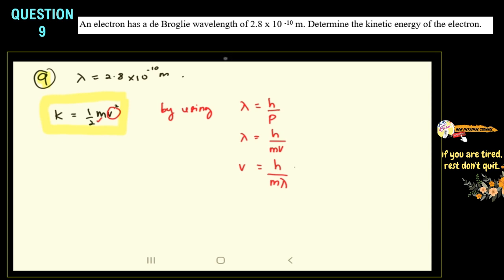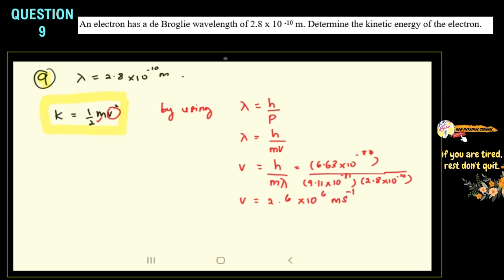So we substitute all the values: h is 6.63 exponent negative 34, over the mass of the electron 9.11 times 10 power of negative 31, and lambda is equal to 2.8 exponent negative 10. Finally, v is equal to 2.6 exponent 6 meter per second.